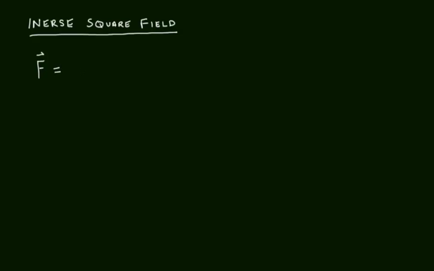We say the inverse square field is C u vector over the magnitude of vector r squared, which is also equal to C vector r over the magnitude of vector r cubed, where C is a scalar.